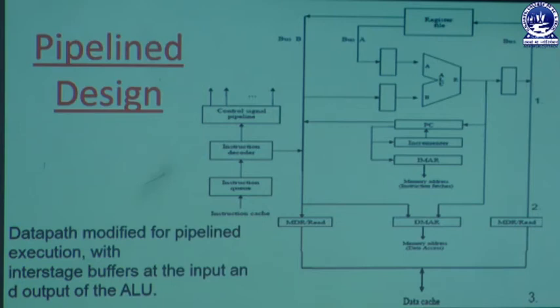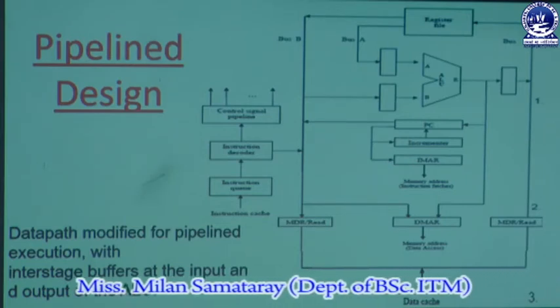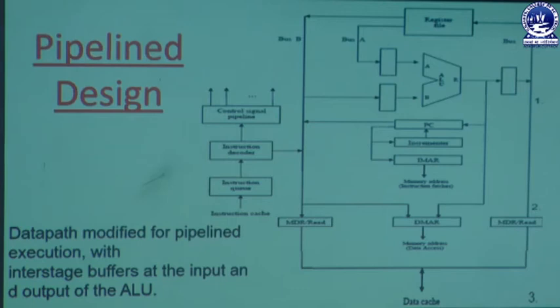That means the memory address register is divided into 2 types. One is to hold the instruction and the other is for the data. And MDR is also divided into 2 parts. One is for the read operation and the other is for the write operation. Okay. So these are the modifications which we have made in our original design to get this pipeline design concept.